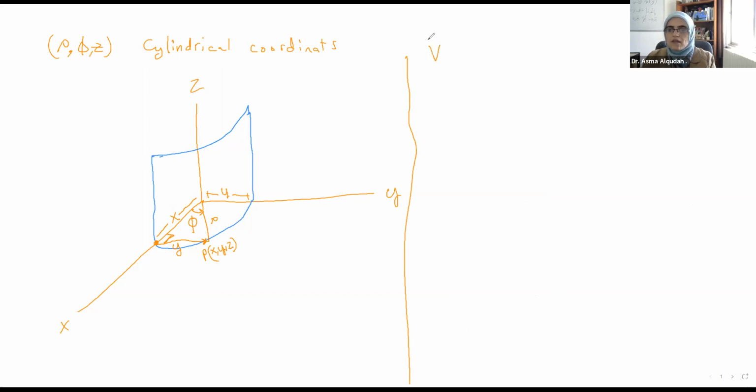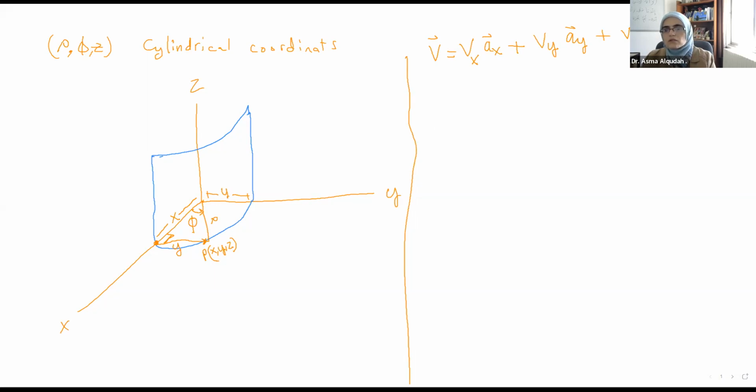So we have V being equal to V sub x A sub x plus V sub y A sub y plus V sub z times A sub z.